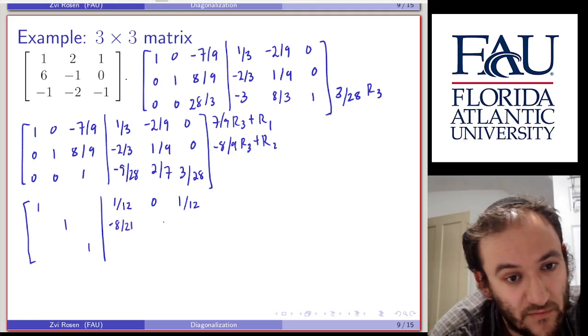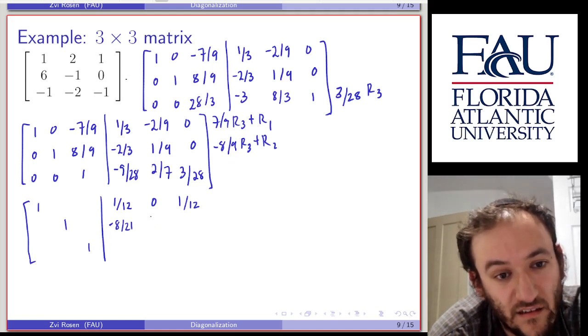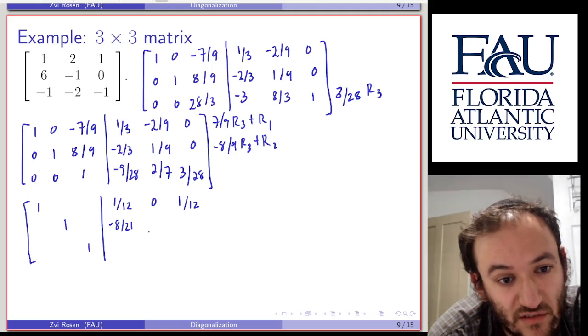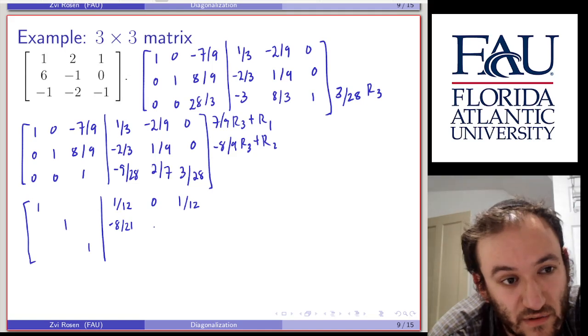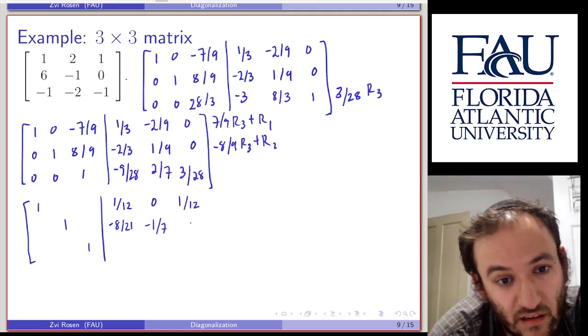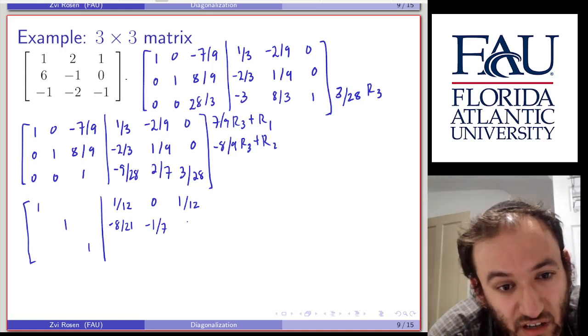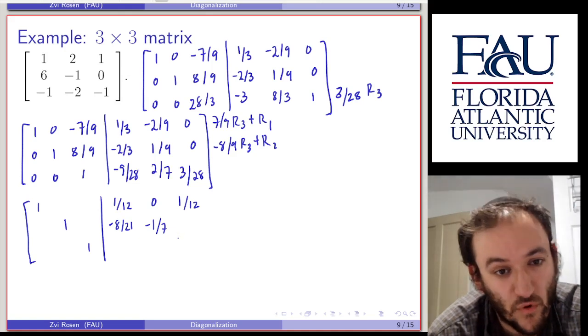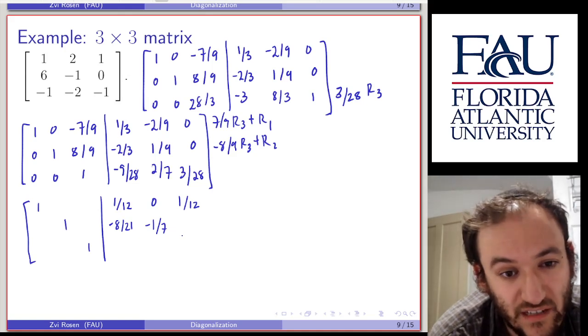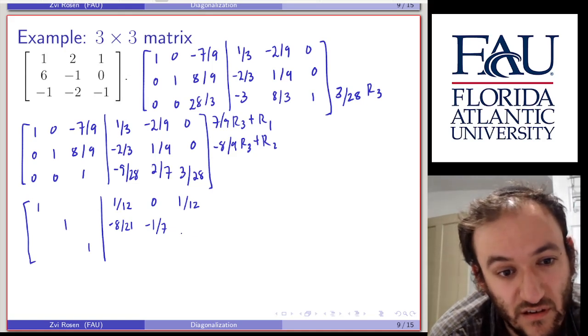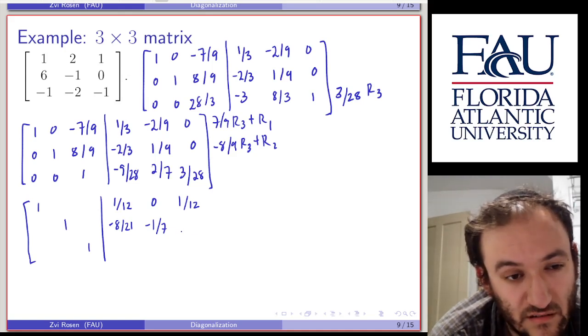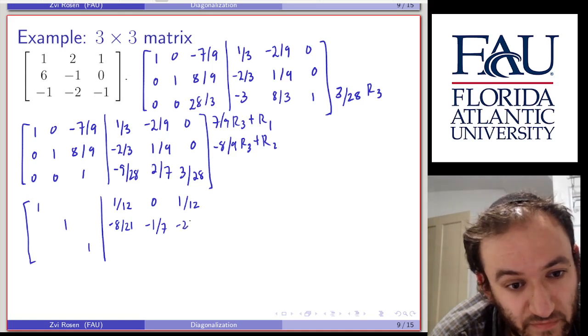Then we get minus 8 over 9 times 2 over 7 is minus 16 over 63, plus 7 over 63 is minus 9 over 63, which is minus 1 over 7, and minus 8 over 9 times 3 over 28, again we have a cancellation, this time of 4 and 3, so we get minus 2 over 3 times 1 over 7, which is minus 2 over 21.